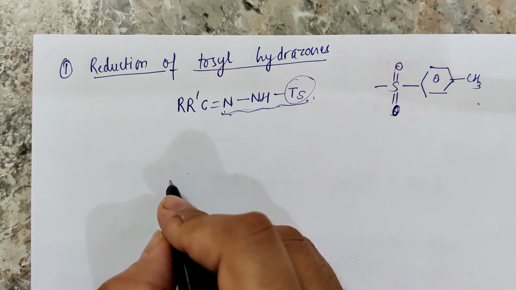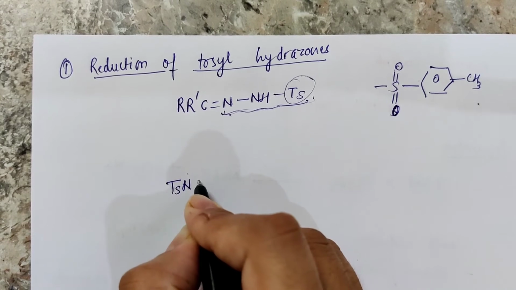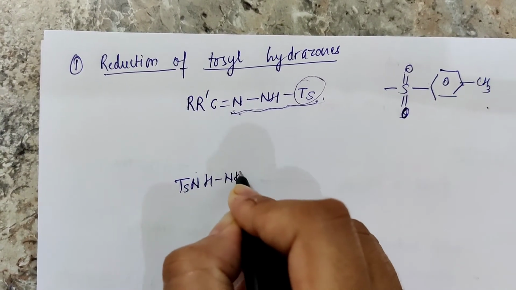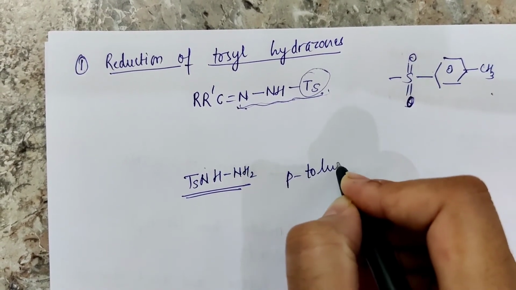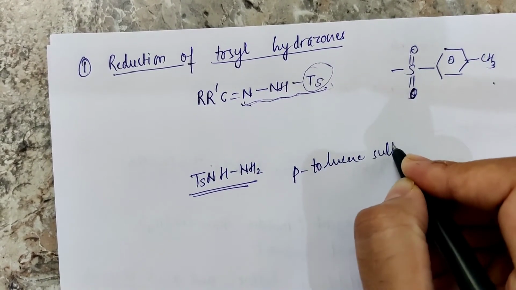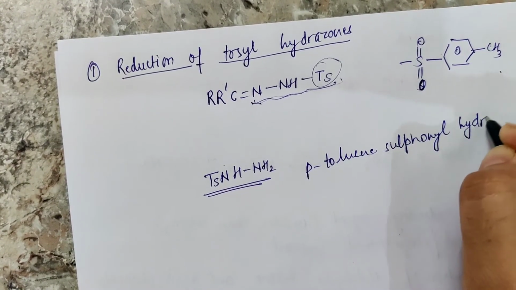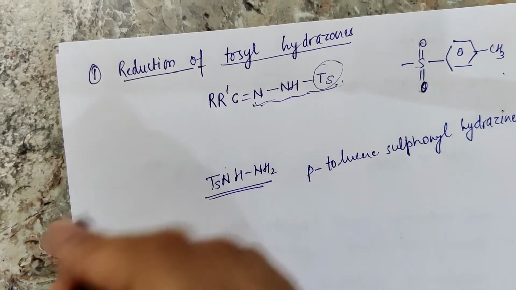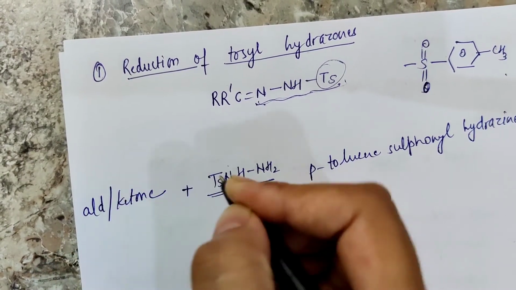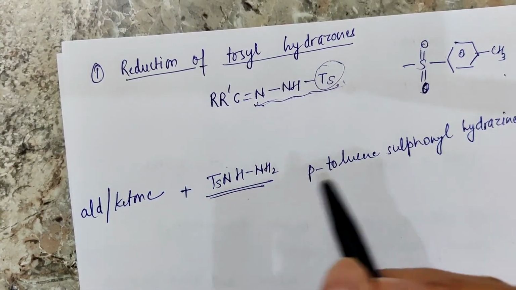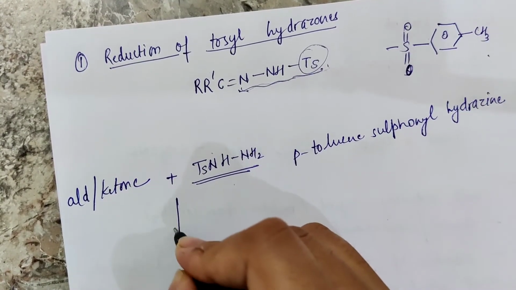Basically, this is para-toluene sulfonyl hydrazine, and aldehyde or ketone is reacted with this para-toluene sulfonyl hydrazine and tosyl hydrazones are prepared.